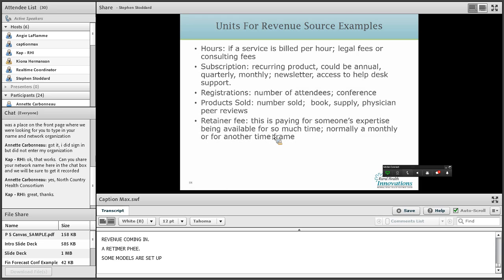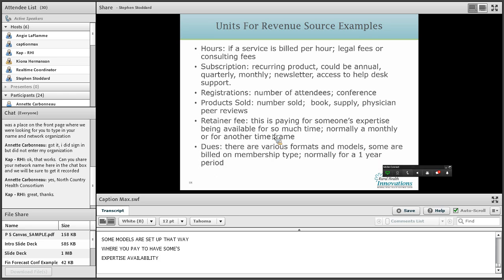Also, remember there's lots of different units for revenue source examples. It might be hours if you bill per hour, legal fees or consulting fees, typically an hourly type fee. Maybe it's a subscription in your service, and so that might be just an annual, quarterly, monthly type of fee that you receive.